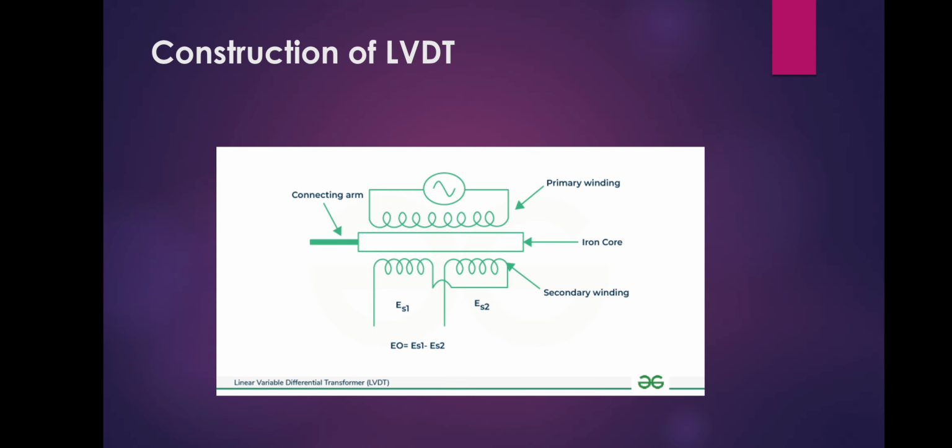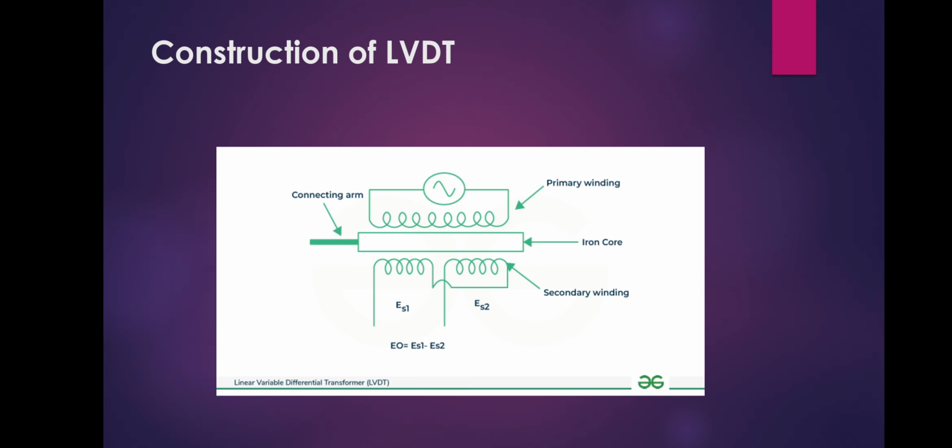This is construction. Already we discussed LVDT having two windings, primary winding and secondary winding. The single primary winding and two secondary windings are wound on a hollow cylindrical former. Secondary windings have an equal number of turns which are identically placed on either side of the primary winding.